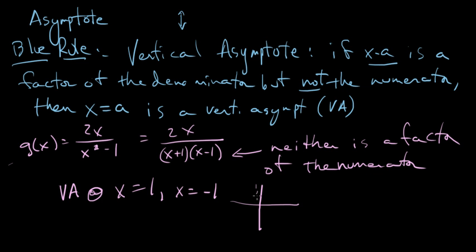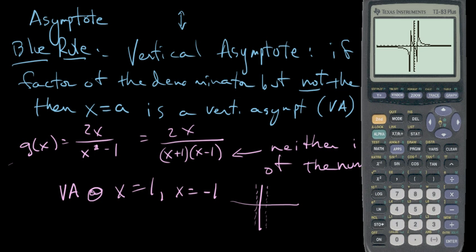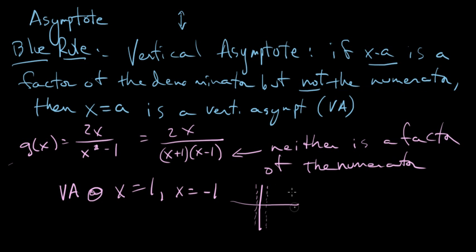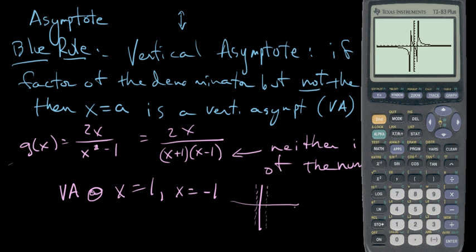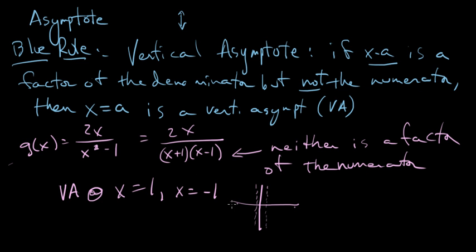We have a vertical asymptote at x equals negative 1, a vertical asymptote at x equals positive 1. Let me take another look at that again, make sure. Okay, there we go. So this thing goes like this and goes like that.